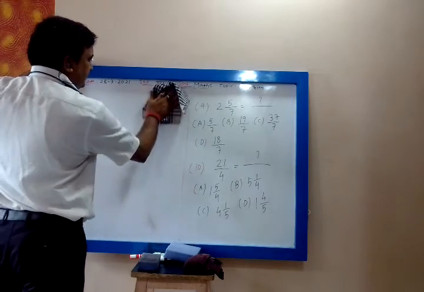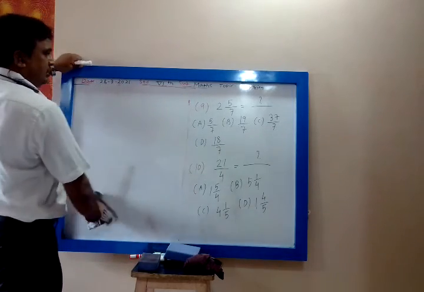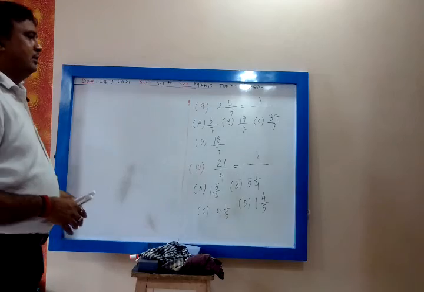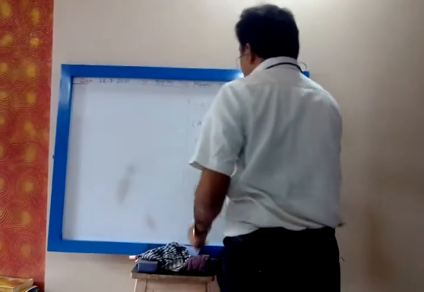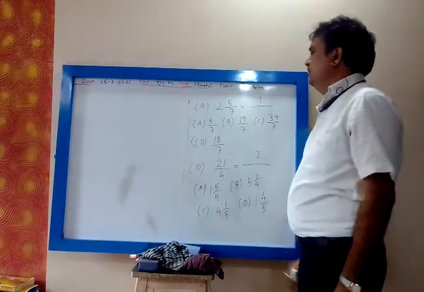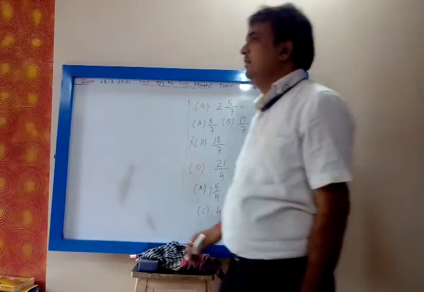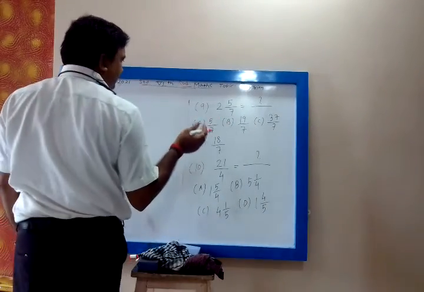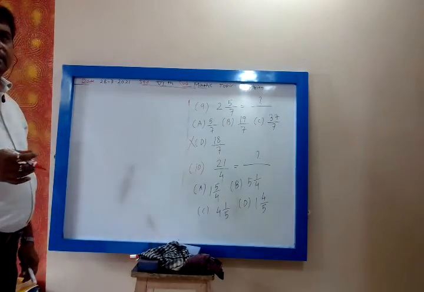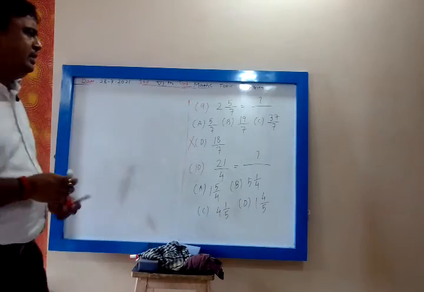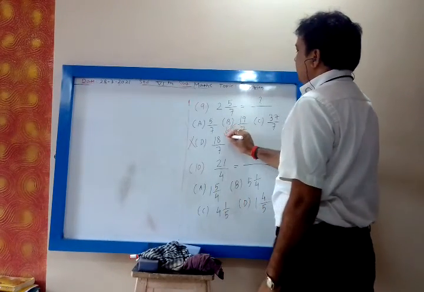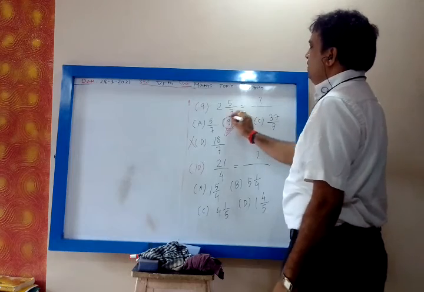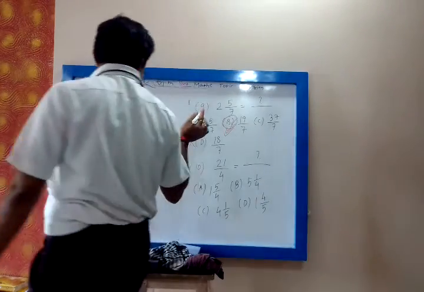Tell me the answer. 18 upon 7 is absolutely wrong answer. Wrong answer. Tell me the answer. 19 upon 7 is absolutely correct answer. How to see this?